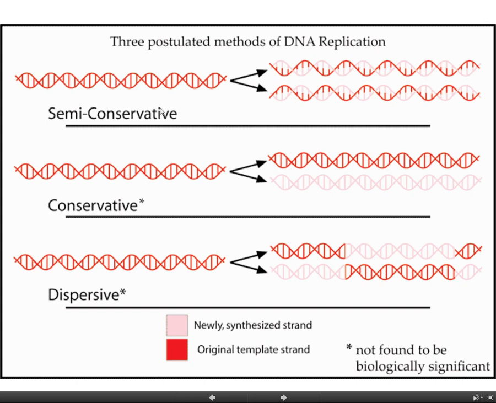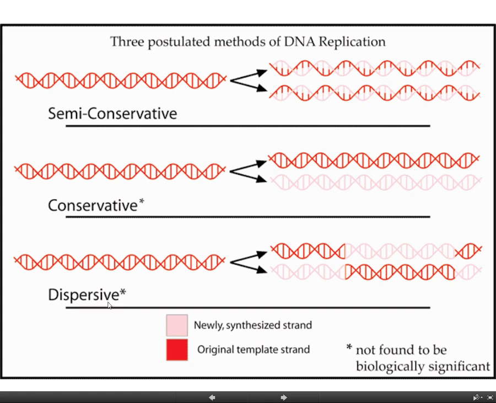Now, scientists suspected it would be semi-conservative because it doesn't seem to make much sense to do the conservative method. This would be much more prone to mistakes, and the double-stranded nature already suggests that the semi-conservative method would make a lot of sense. So you could simply split the strands and then match up the bases to make the complementary strand.